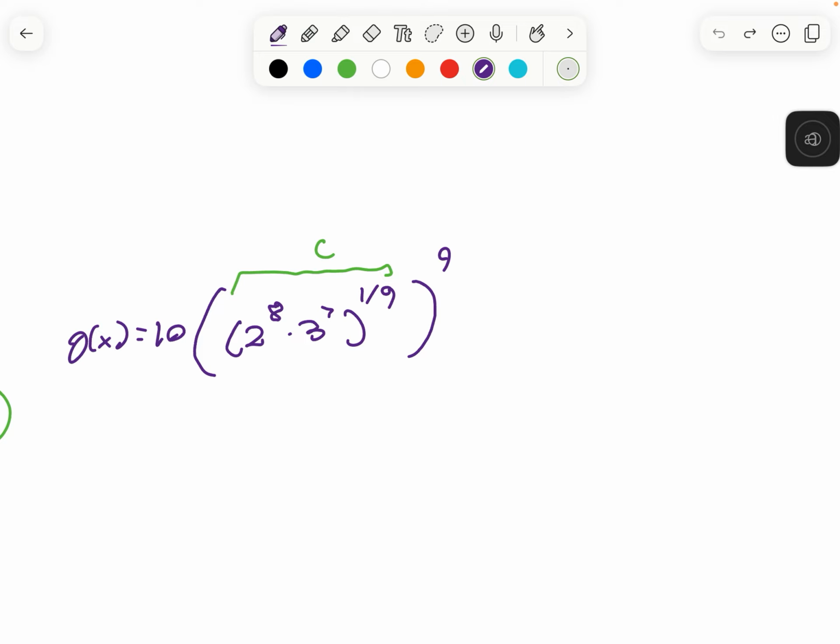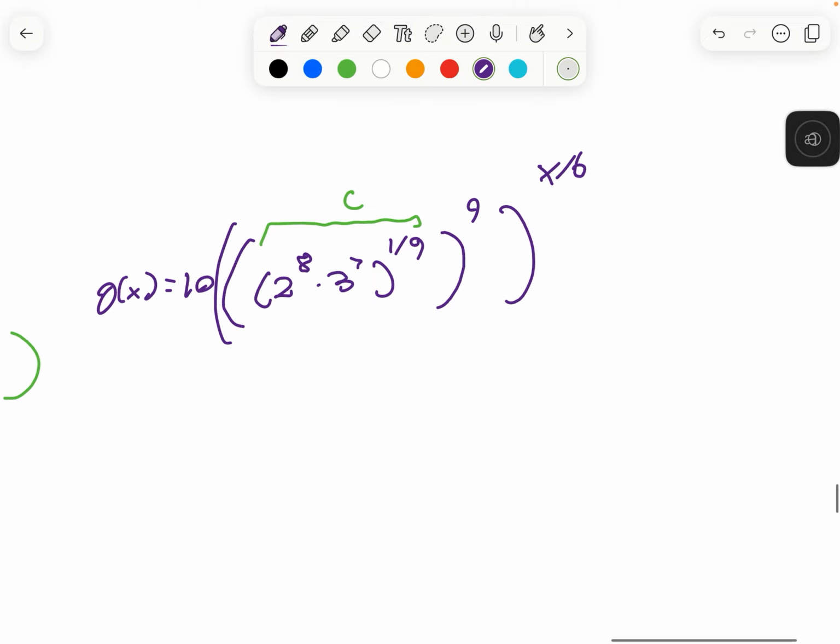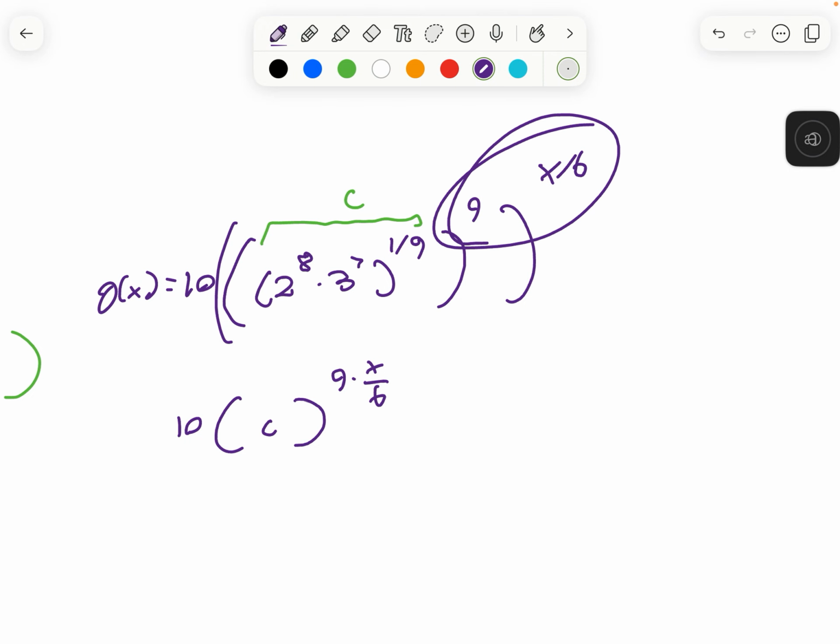And once again, all of this is to the x over 6. Well, what does this simplify to? I'm just going to write c here, because we already determined that c. 9 times x over 6, because when you're exponentiating two times, you can multiply the exponents together.